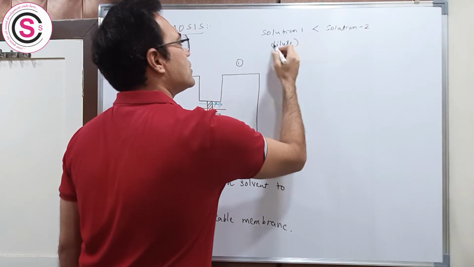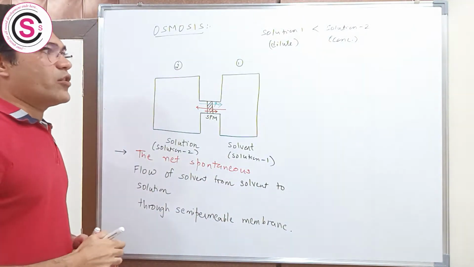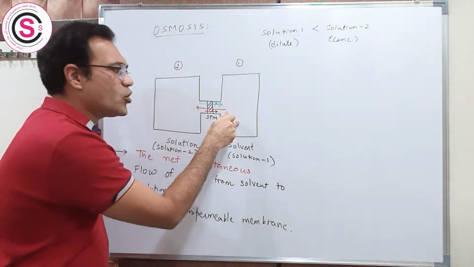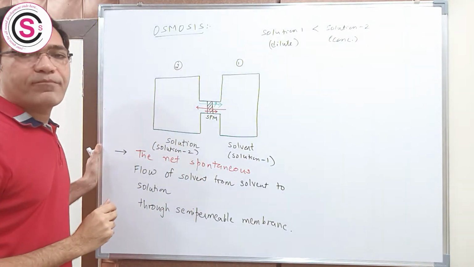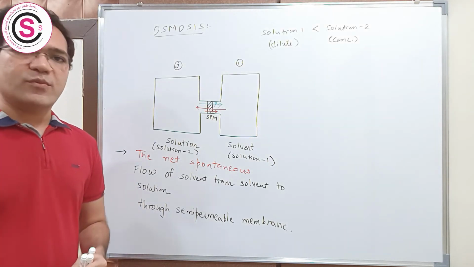So as a result, what will happen? The solvent molecules will flow from the dilute solution to the concentrated solution through a semi-permeable membrane. Now my dear students, this is also an example of osmosis.